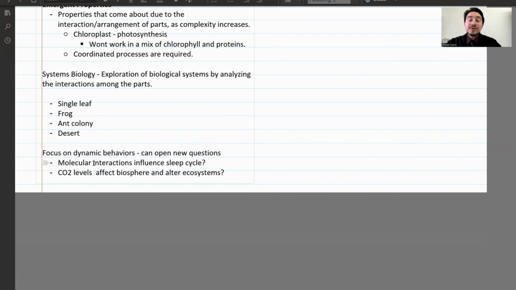And how can you alter that sleep cycle? So there are many scales you can discuss or research, right? Carbon dioxide levels affect the biosphere and alter ecosystems, right? To what degree can they affect the individual or particulars of an ecosystem and so forth, right?